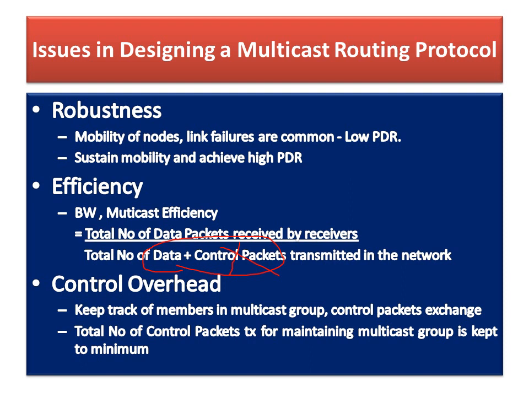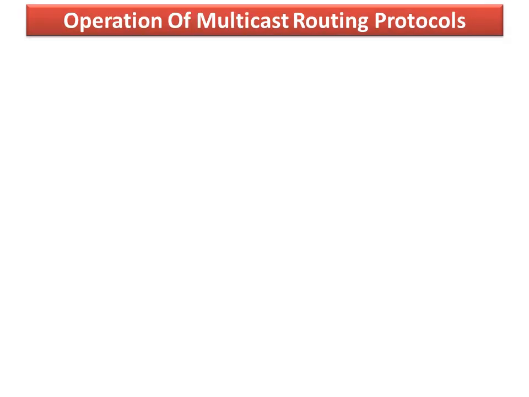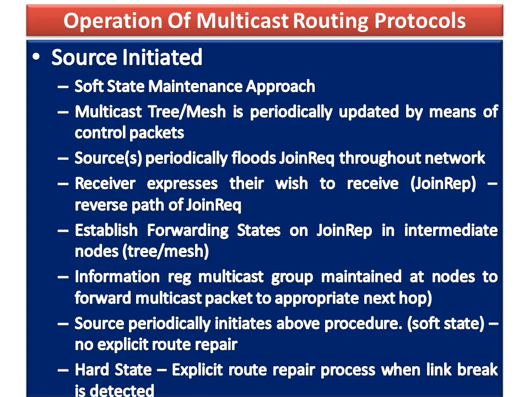Multiple unicasting is another case, but you also have to look at the condition, right? Under source initiated operation, we are going to follow an approach called either soft state maintenance or hard state maintenance. See, the logic is simple. Just look at an aspect where we know what's soft handoff and what's hard handoff, right? Hard handoff meaning you literally detect that there is a link break and then you go on to repair your routes.